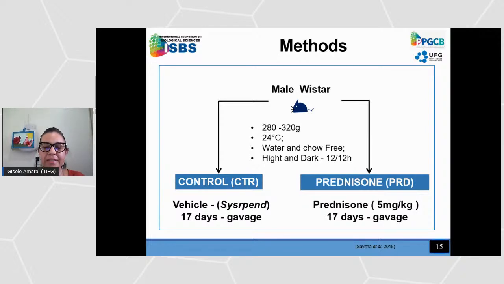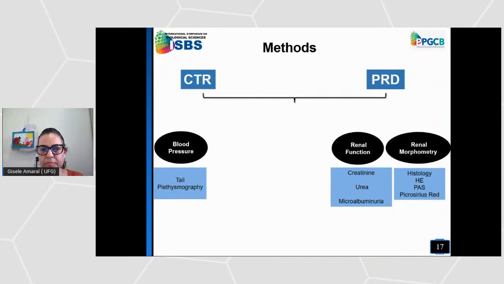Each group had 8 animals, and the control group was treated with vehicle, adjusted volume to body weight, or prednisone 5 milligrams per kilogram body weight by gavage once a day for 17 days.